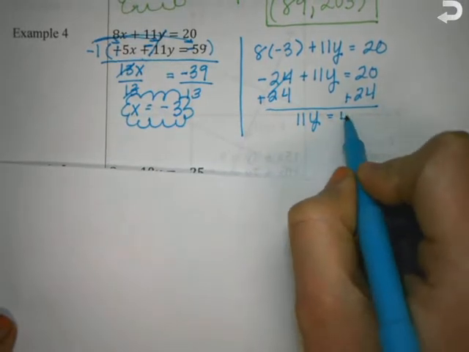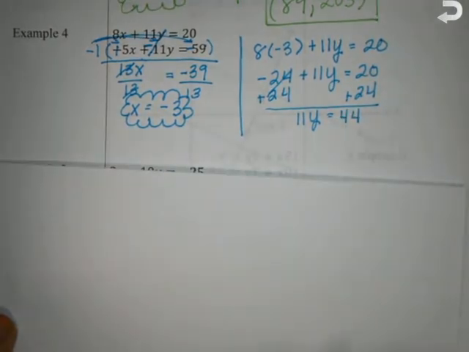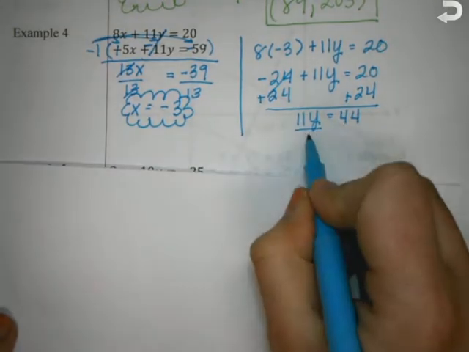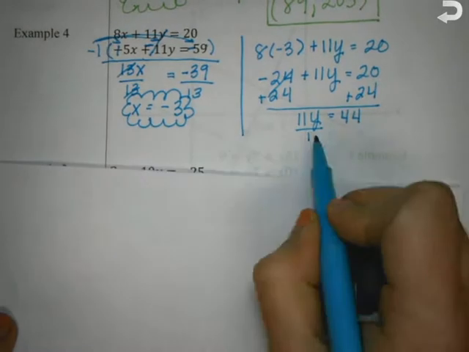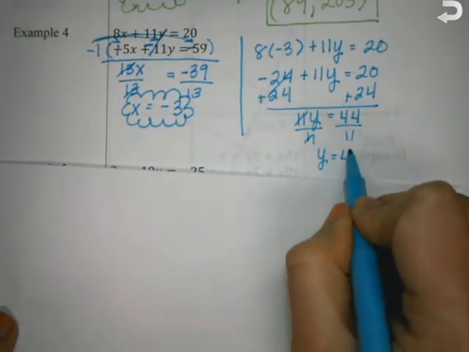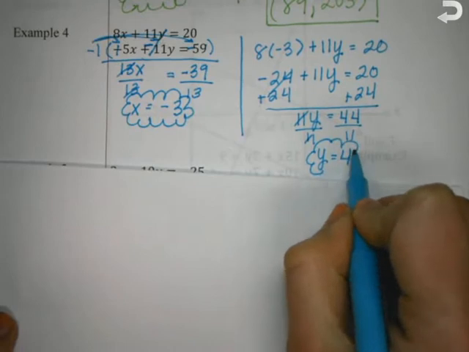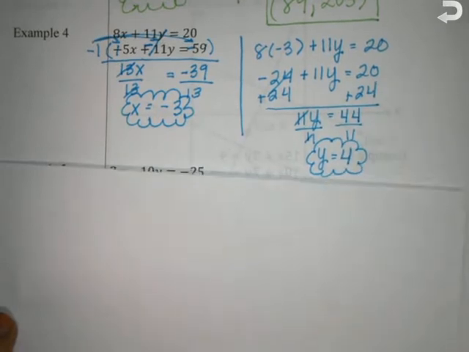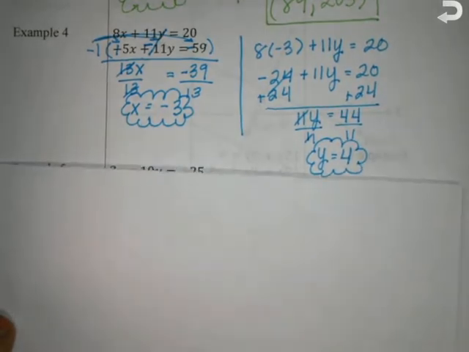Divide by 11, which will give me an answer of 4. So y equals 4. So, Julian, how do I write my answer? -3, 4. Good job. Who got that correct?